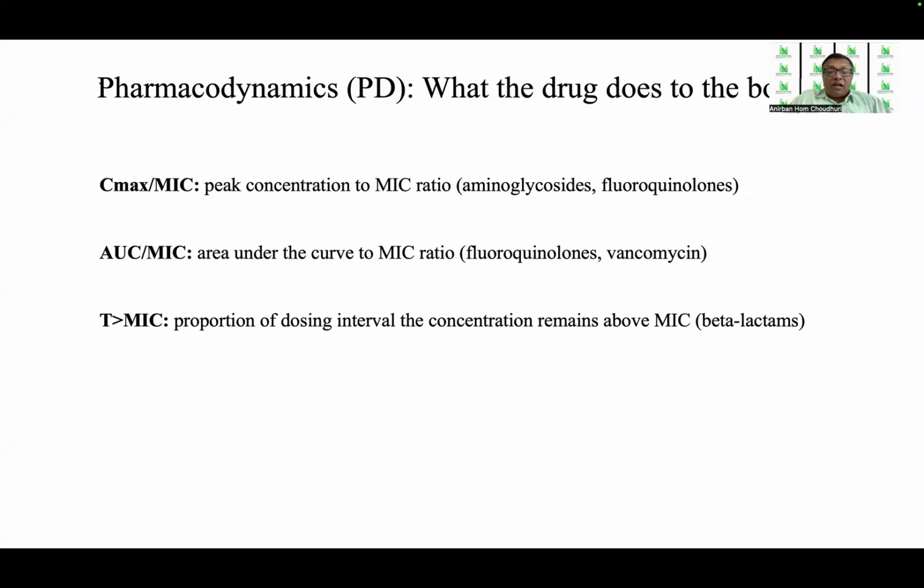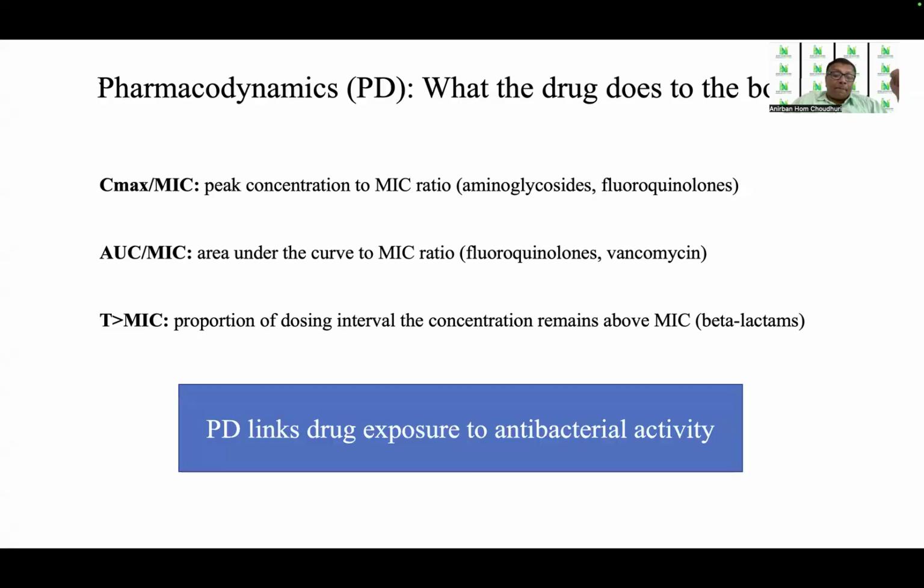Such time-dependent killing drugs also require extended infusion. Only by extended infusion can we ensure that the concentration remains above the minimum inhibitory concentration.